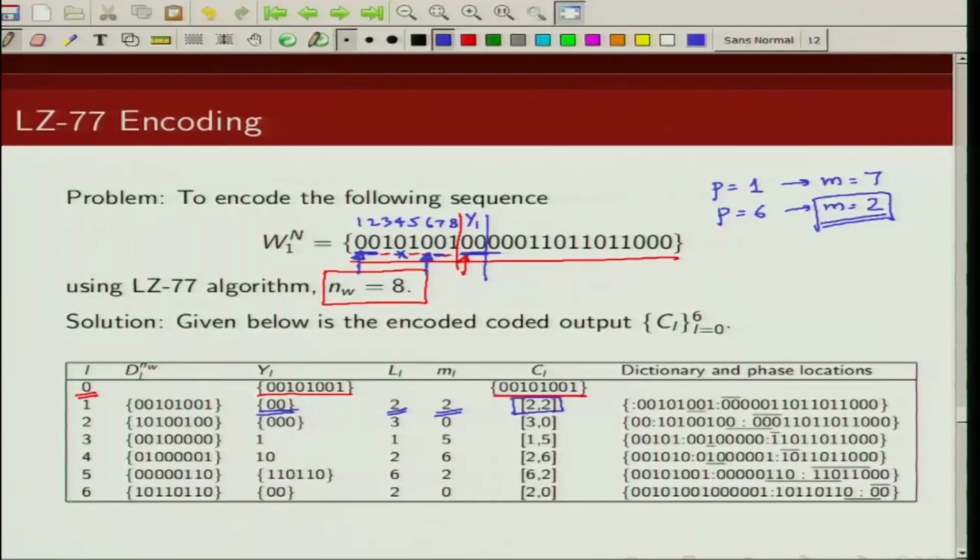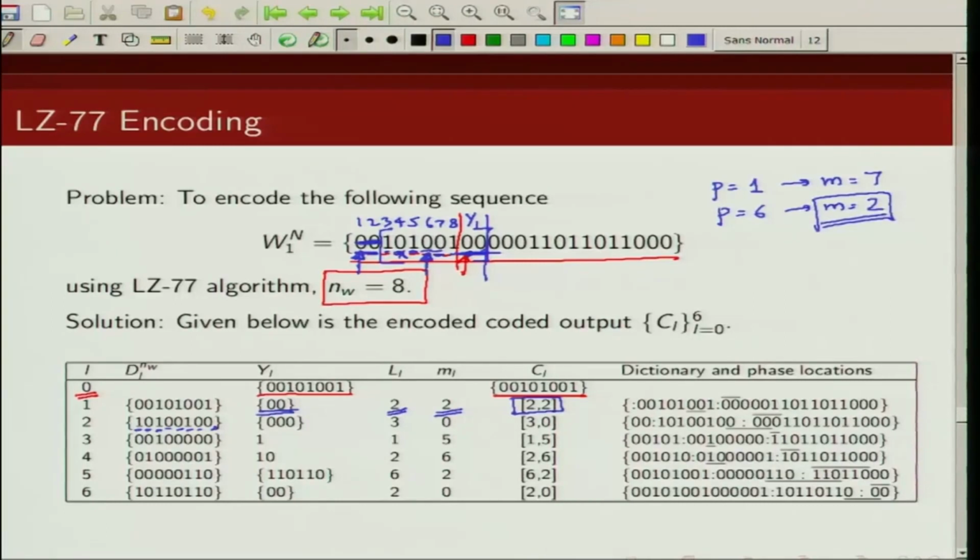So the next step is I am going to add these two symbols into my dictionary, and I am going to remove the oldest 2 terms. So my new dictionary is given by this. That's what I have here. You look here, my new dictionary is 1, 0, 0, 1, 1, 0, 0, 0, 0, 1, 0, 0, 1, 0, 0.